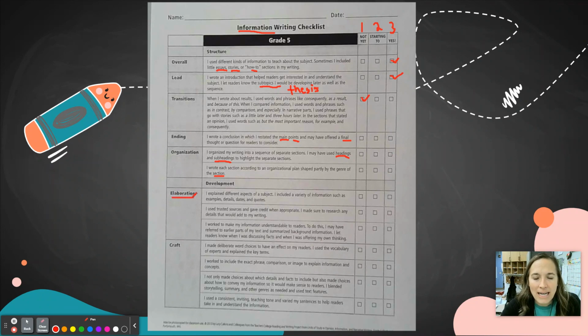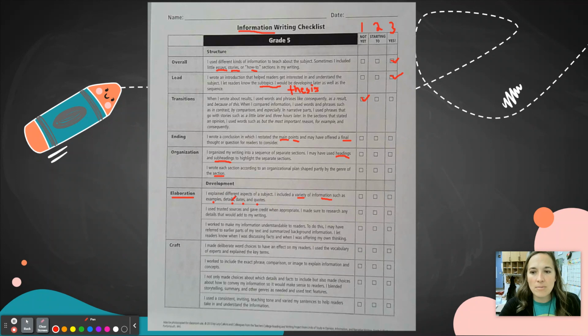Elaboration. This is a big word. Elaboration is you're explaining. Okay? So did they explain? I explained different aspects of the subject. I included a variety of information such as examples, details, dates, and quotes. So they used quotes, but they didn't just use quotes. They explained it.